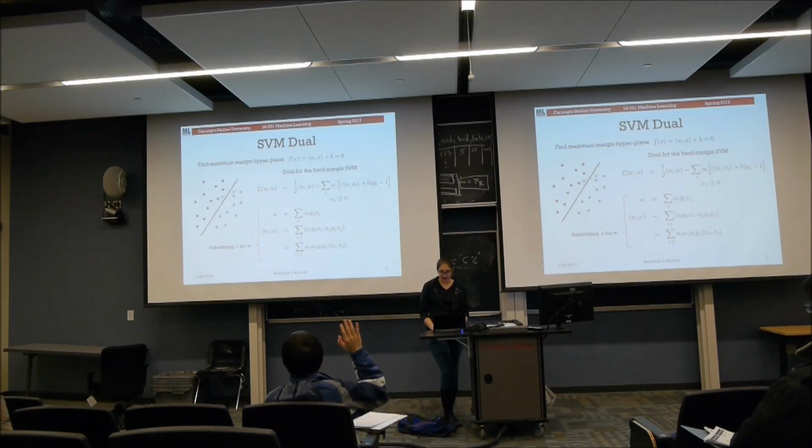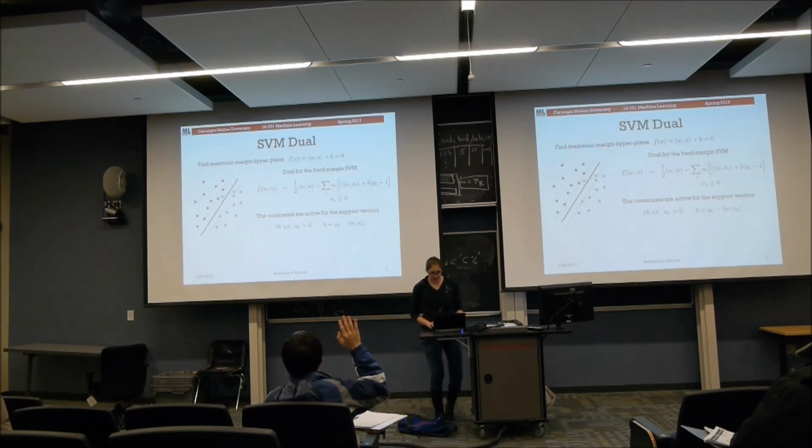So we're going to use that later. For now, we have to know that the constraints are active for the support vectors. So I made the support vectors in brighter colors there.